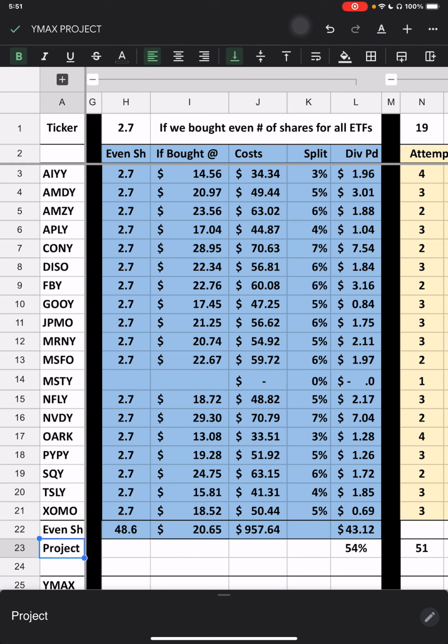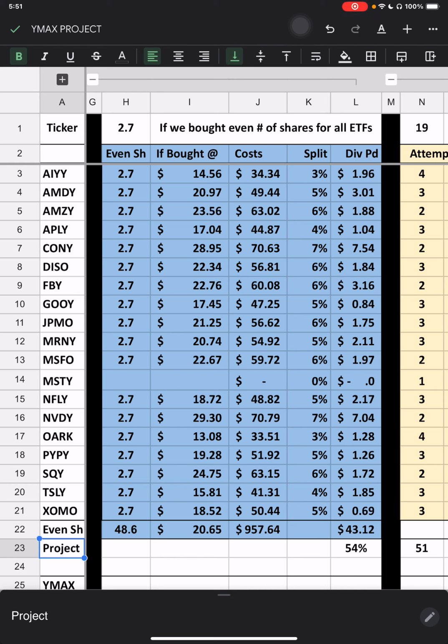There's a possibility that doing the even amount of shares for all of them, you could receive about the same amount, or maybe even better. Of course, this is just based on one month, so next month it may not look like this depending on what the distributions come out to be.